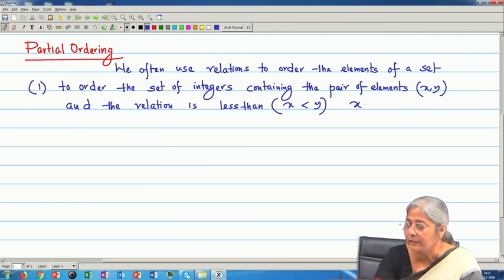Normally we write x R y, where R is the less than relation.